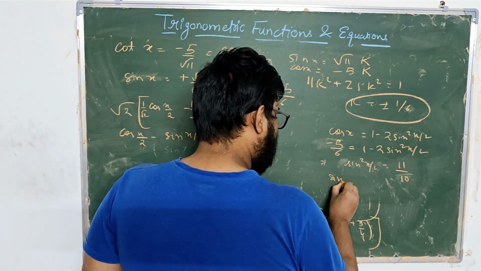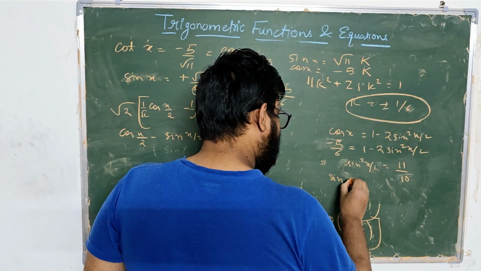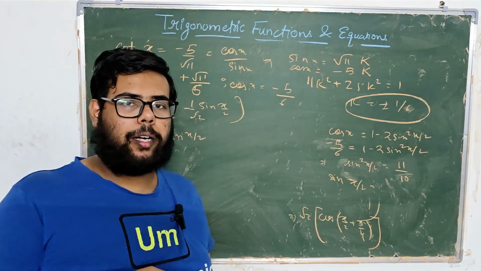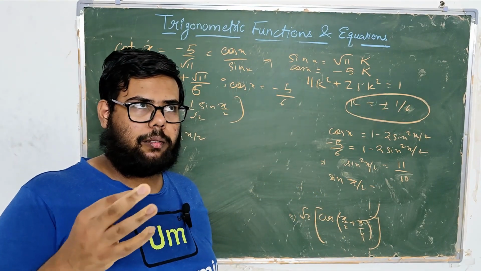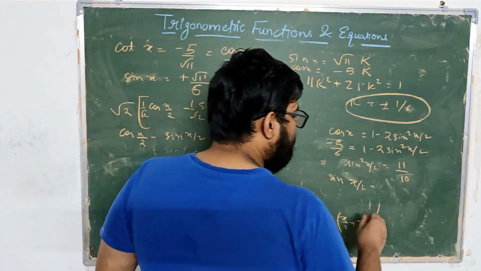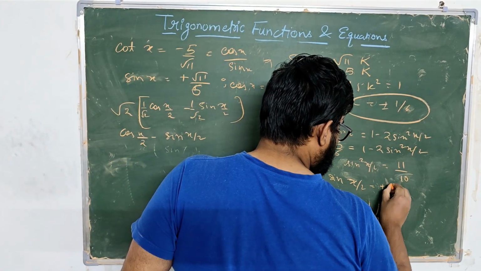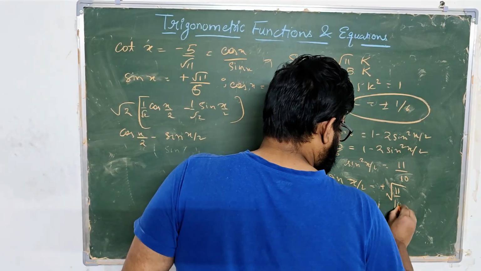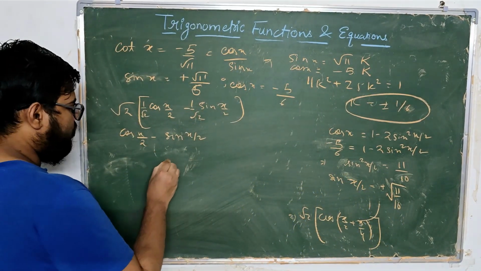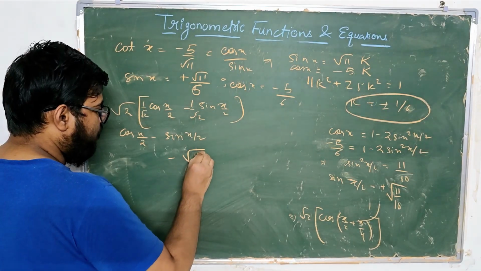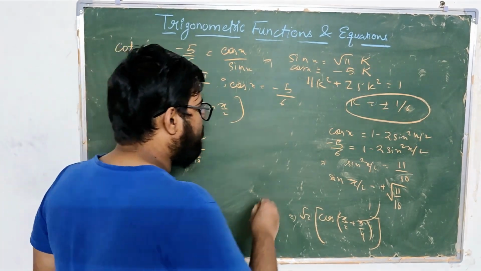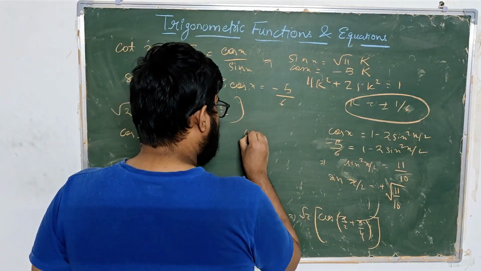So sine square x by 2 is 11 by 12. Now since x is lying between pi by 2 and pi, so x by 2 will lie between pi by 4 and pi by 2, which means that sin should be positive over here. So we'll just assume positive value, root 11 by 10, right? Root 11 by 10, okay?